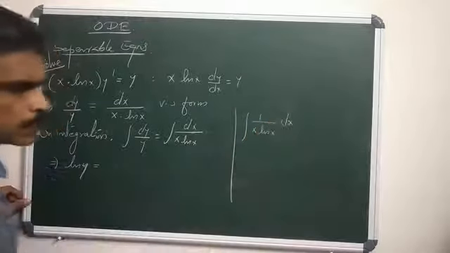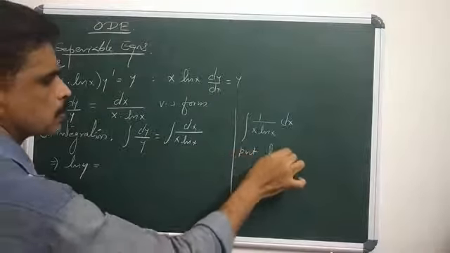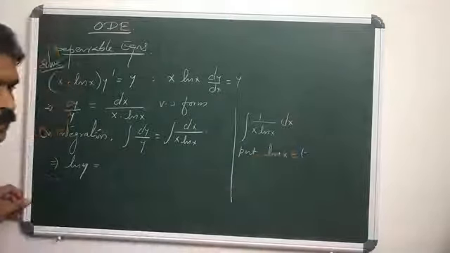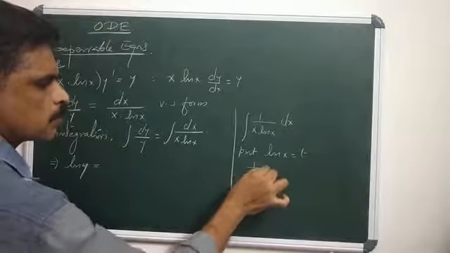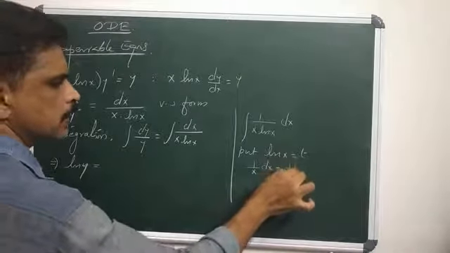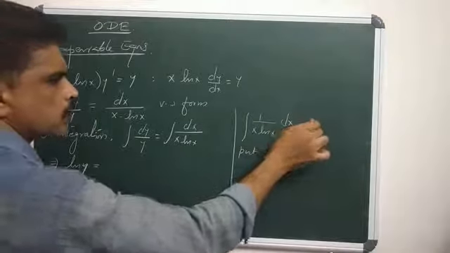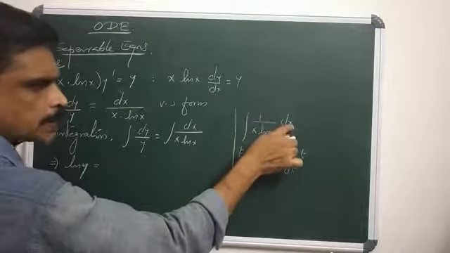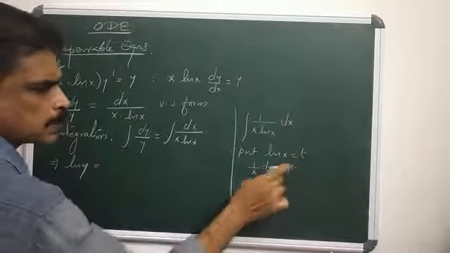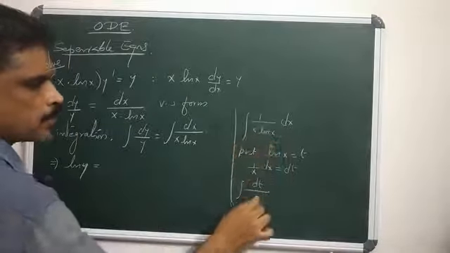How to integrate this one? By putting a substitution, put log x equals some t. After the substitution, take the differentiation, so it is 1 by x dx equals dt. Therefore this integral 1 by x log x dx becomes integral dt by t, where log x is t.